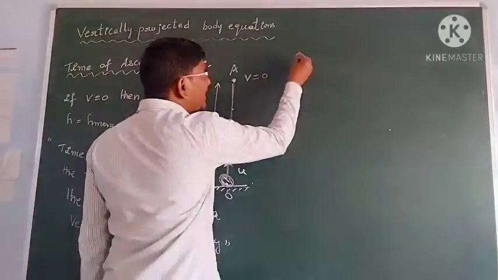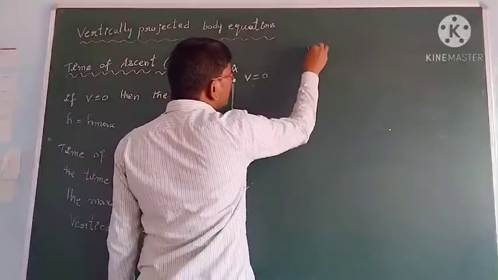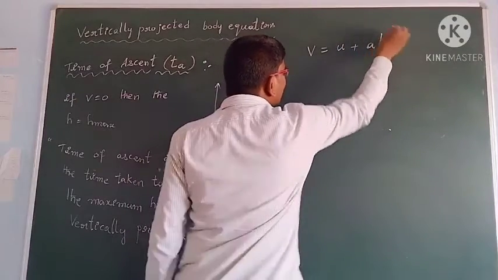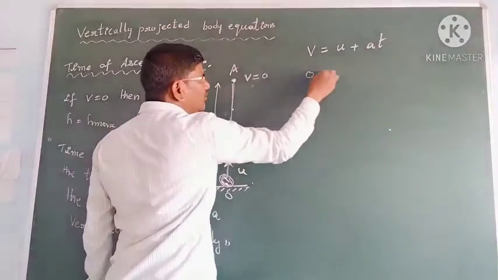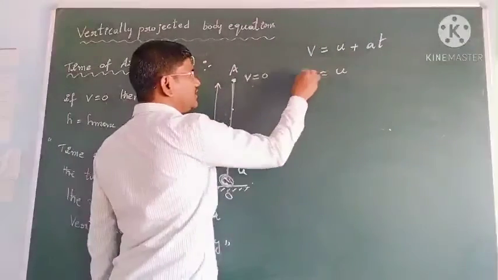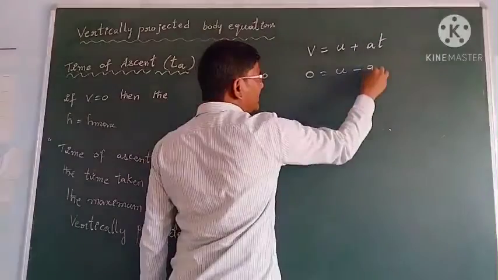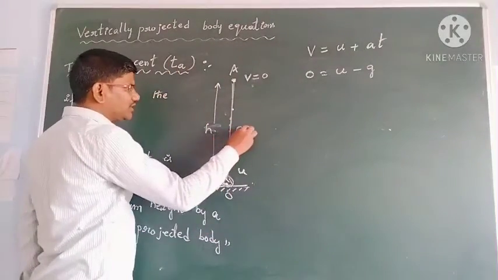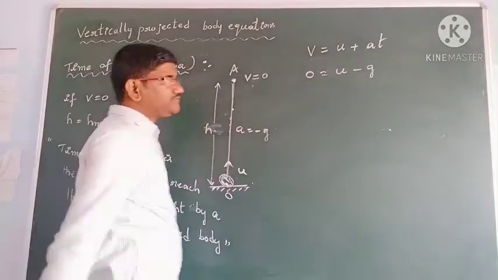So you are writing the time of ascent equation. You write the equation v is equal to u plus at. If v is 0, and u is u only, the initial velocity, a value is minus g. Just now we have discussed it. For a vertically projected body, a will become minus g.